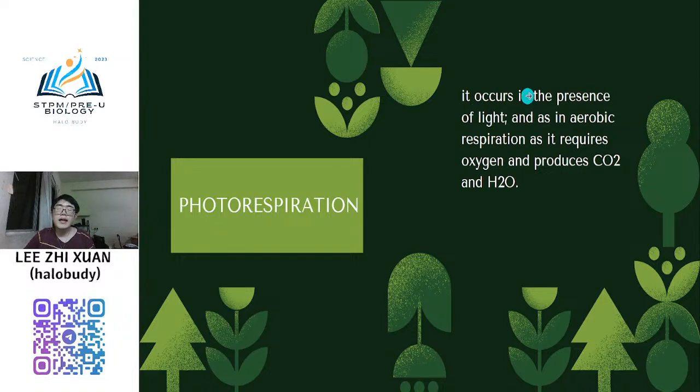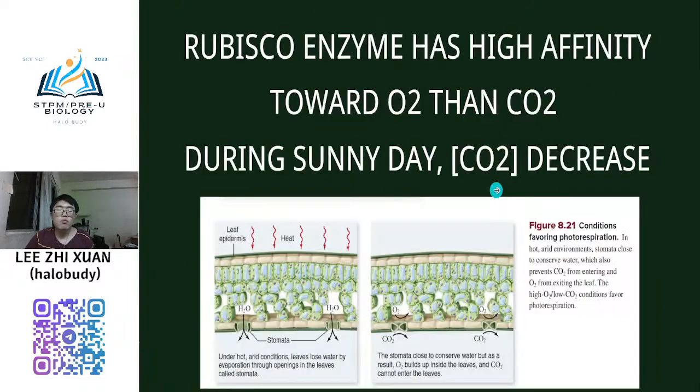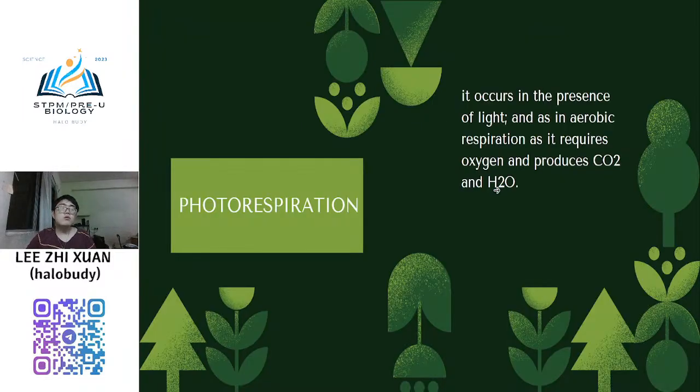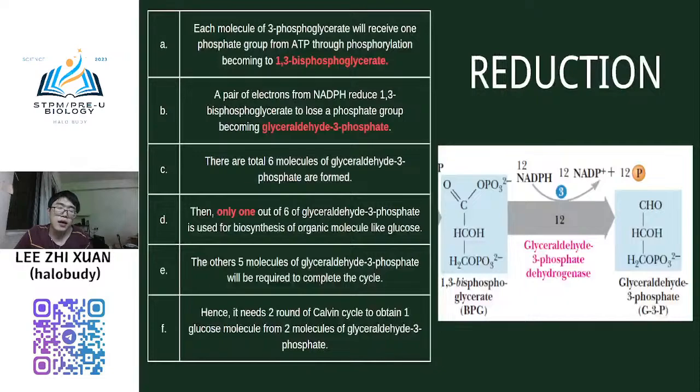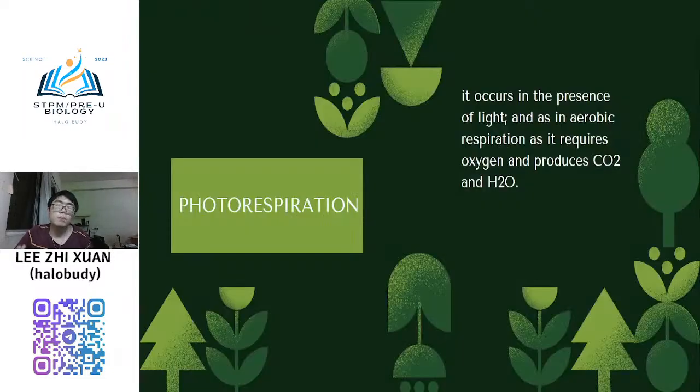It occurs in the presence of light, and as in aerobic respiration, it requires oxygen to produce carbon dioxide and water. In the Calvin cycle reaction, the plant during the day should fix carbon dioxide to produce glucose.